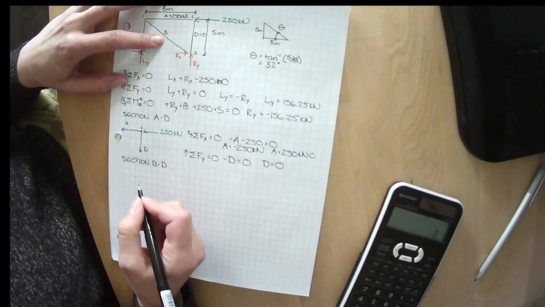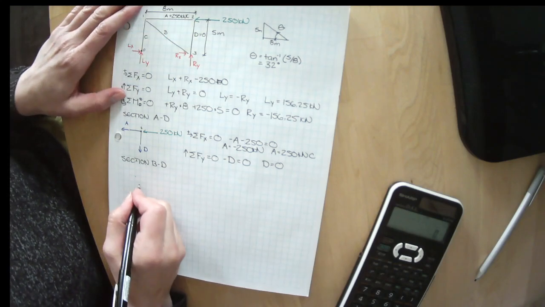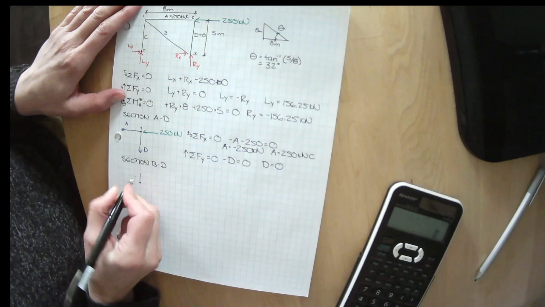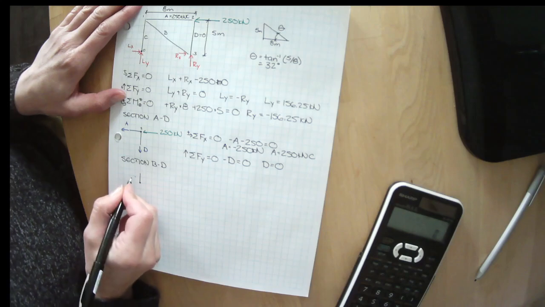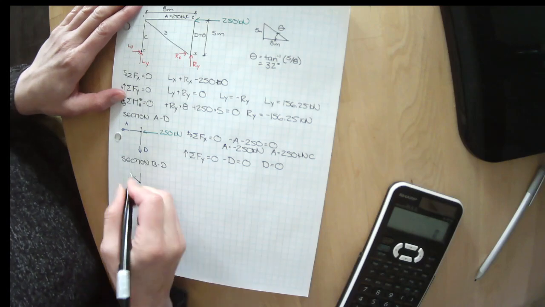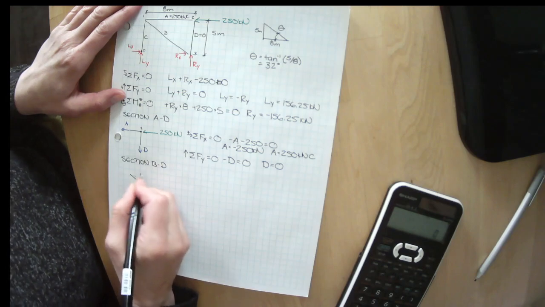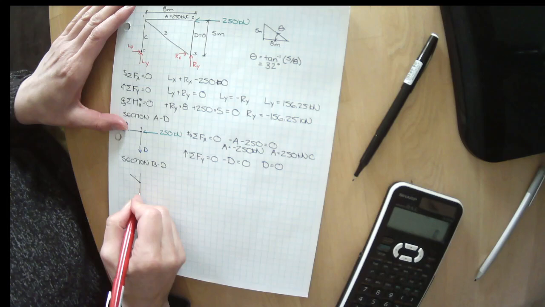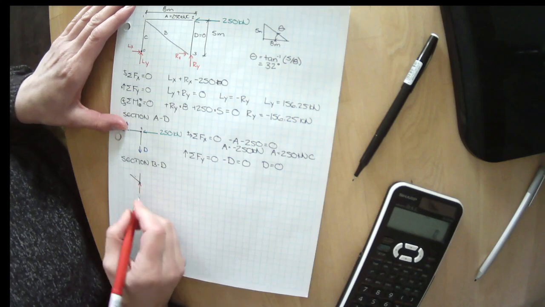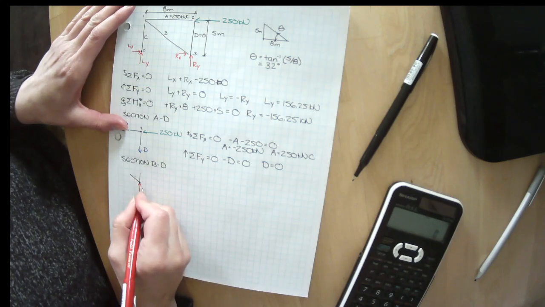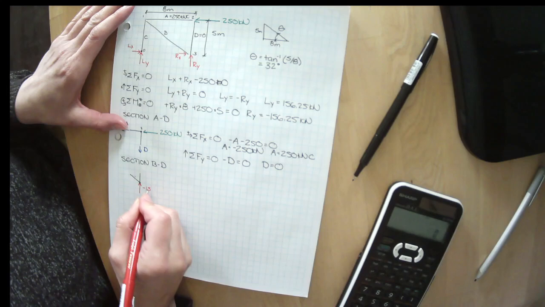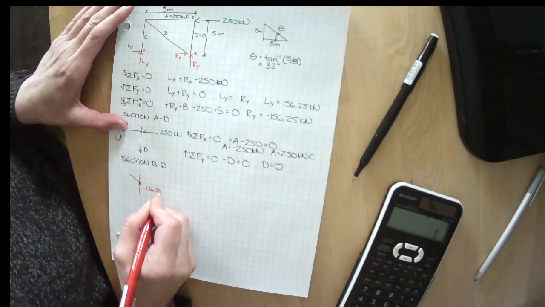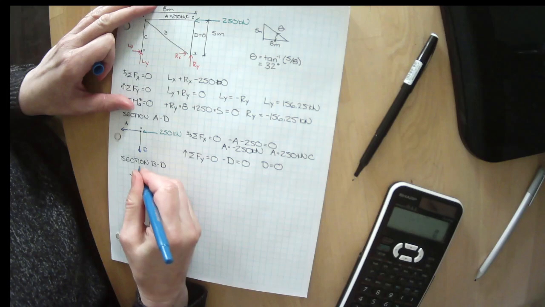We'll draw through section BD, so we've got this node here, we've got D, we've got B, and we have Ry. I'm going to draw Ry up, but we know that Ry is minus 156.25 kilonewtons.